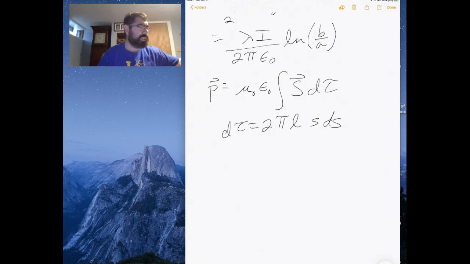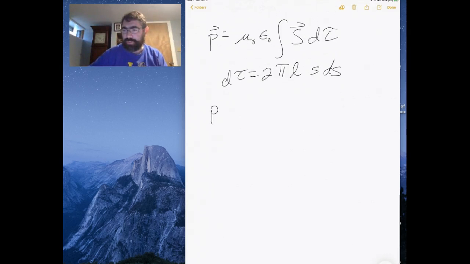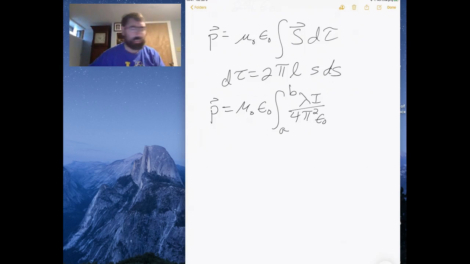So therefore, if I put it all together, I get a momentum which is mu 0 epsilon naught, the integral from a to b, lambda I over 4 pi squared epsilon naught s squared in the z direction, 2 pi L s ds.